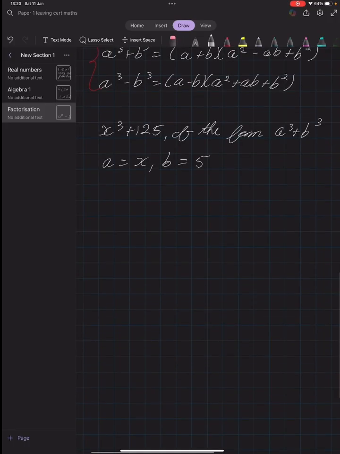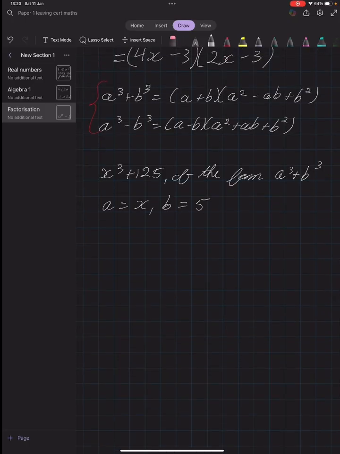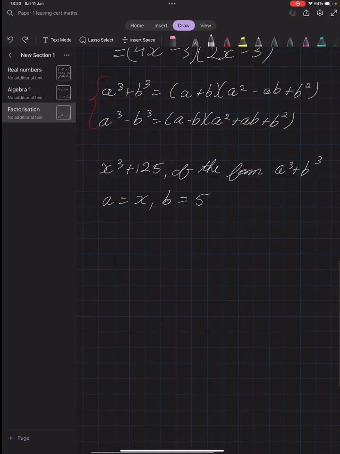So this is what it is. And then I'm just going to plug that into the equation up here. So we get that x cubed plus 125 is equal to x plus 5 into x squared minus 5x plus 25. And that's it.